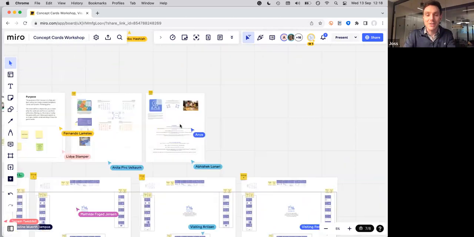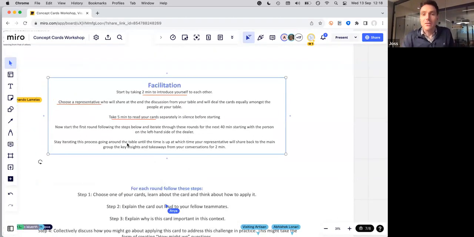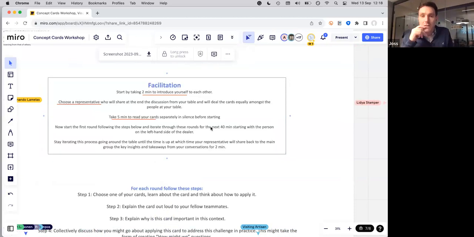We are learning about this. We've got our setup, and we're now jumping into how we facilitate this. So this is what I did, as you saw in that offline session. I started by taking 2 minutes to introduce. When you go into your breakout rooms, take 1 or 2 minutes to introduce yourself to the other people in the room so that you'll know a little bit of their background, where they're coming from.